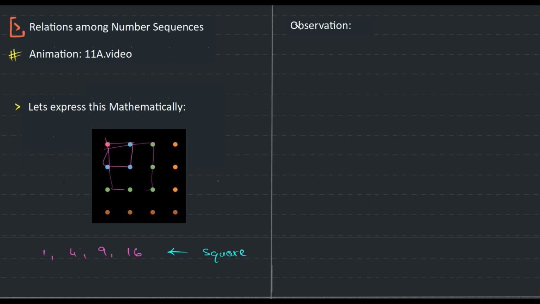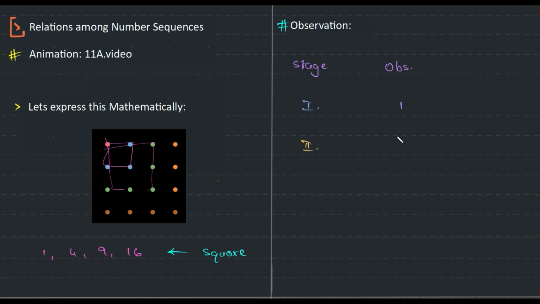What else can we observe from this? How else can we write this mathematically? I can also discuss in this manner. I can also put it in the form of stage and observation. Now, in the first stage, there is a single dot.